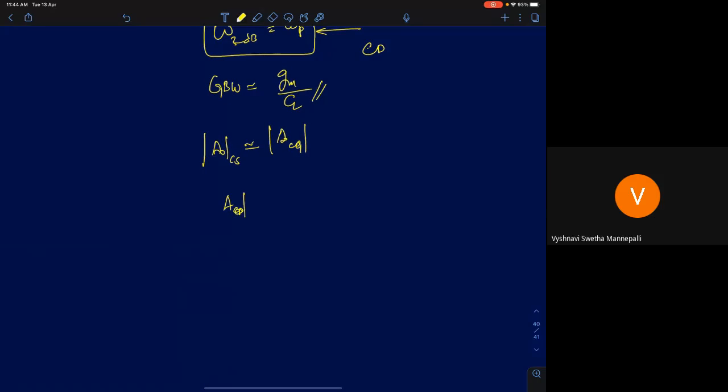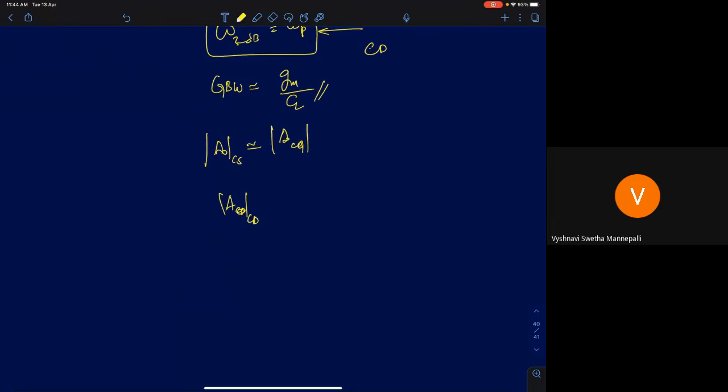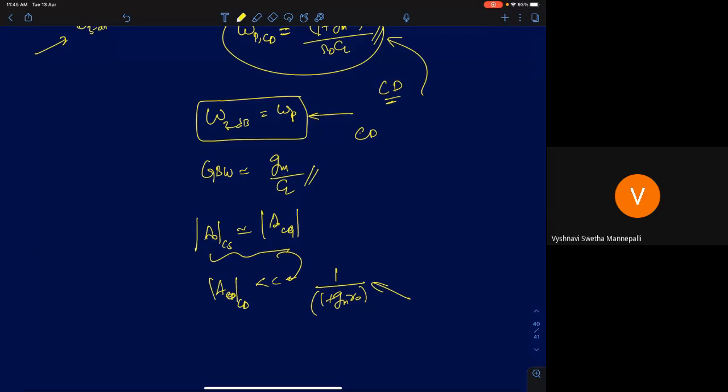So A naught of CD, common drain's DC gain, is much smaller than both A naught CG and A naught CS. It's smaller by a factor of 1 by 1 plus GM R naught, I'm sorry. And the pole of a common drain amplifier is higher by the same factor. That is why your gain bandwidth product is the same for all three configurations.